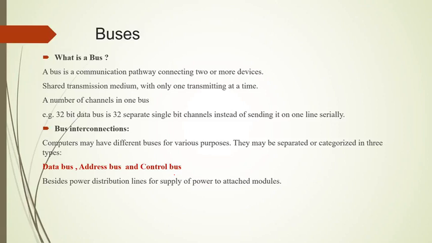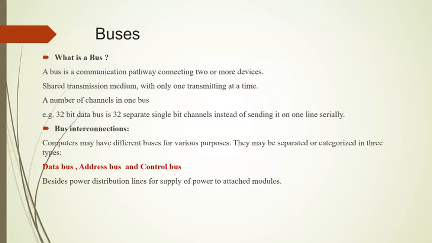Here a 32-bit data bus means that at once a 32-bit value is sent. So a 32-bit data bus means they have 32 separate lines, channels.